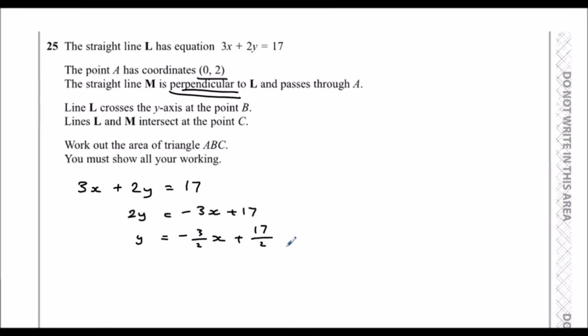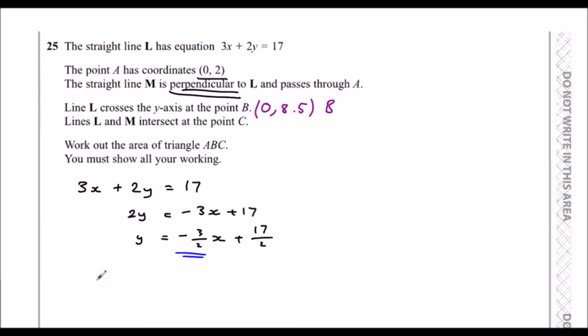So that means L crosses the y-axis at B. So that's y-intercept of 17 over 2, or the coordinates of 0, 17 over 2, or 8.5. So that's point B. We can also see that this gradient is -3 over 2.